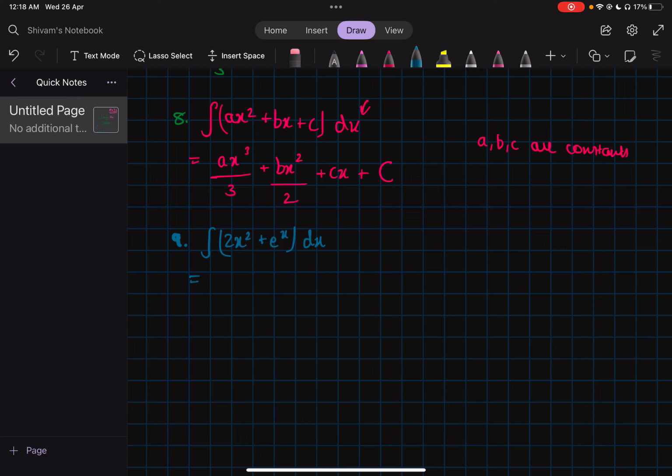Right, so you're going to want to use the power rule again here. So raise the power by 1, divide by the new power. And for e to the x, the antiderivative is just e to the x. It's going to remain the same. And then a plus c. That's the answer.